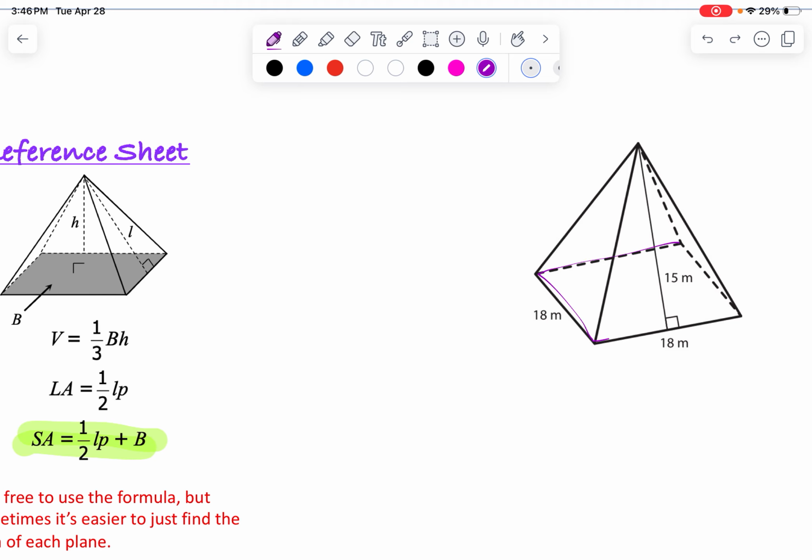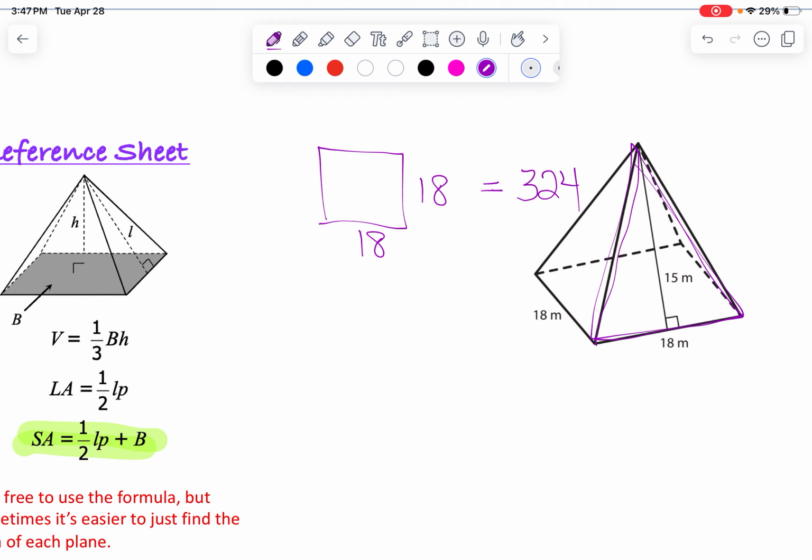If we look at this one that I have here at the right, the base is a square. It's an 18 by 18 square. So I'm going to multiply those two, 18 squared, which is 324. Now every one of these is the same congruent triangle.